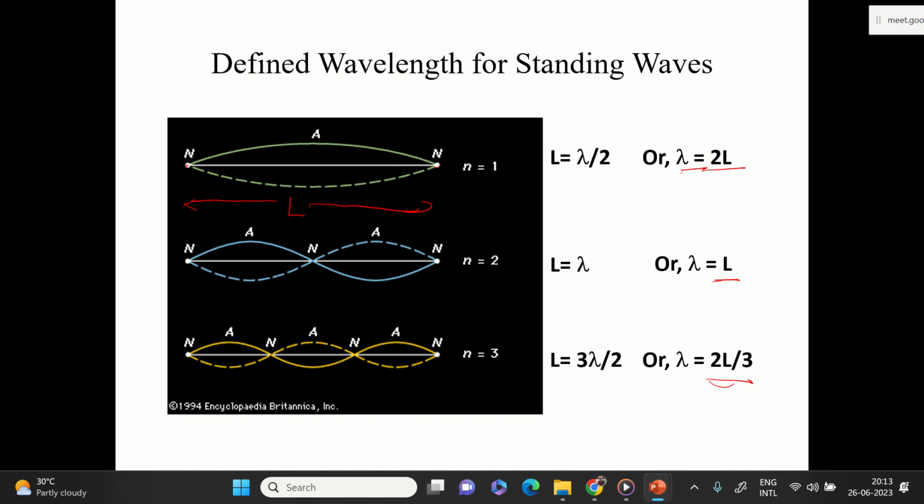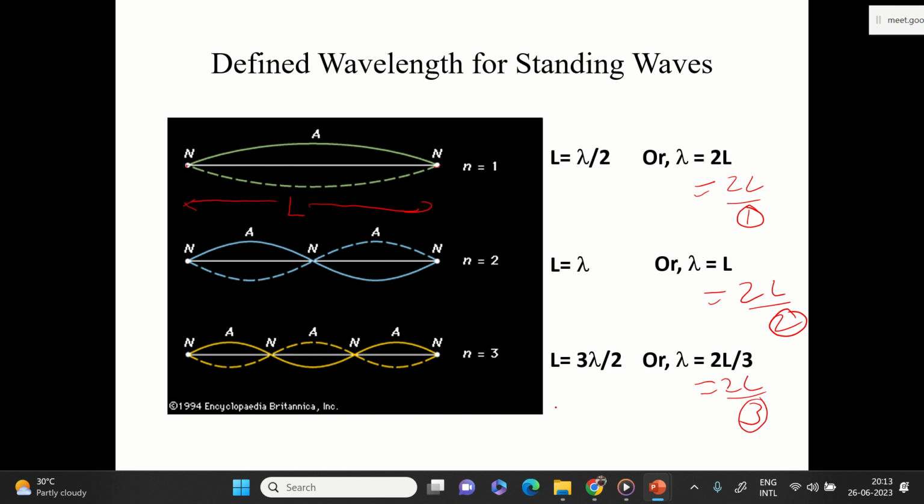ठीक है? So if you further observe very carefully, what you find here, lambda is 2L by 1. Here the lambda is 2L by 2. Here, lambda is 2L by 3. So 1, 2, 3.